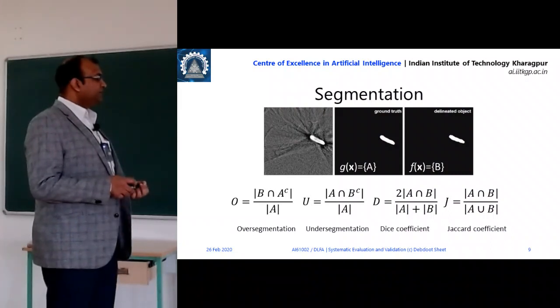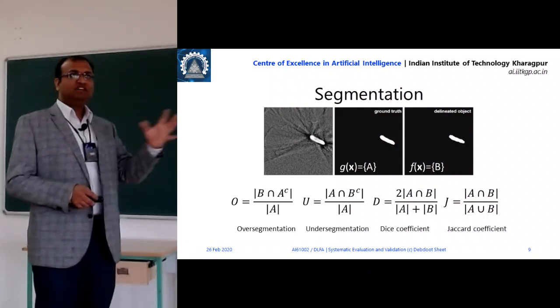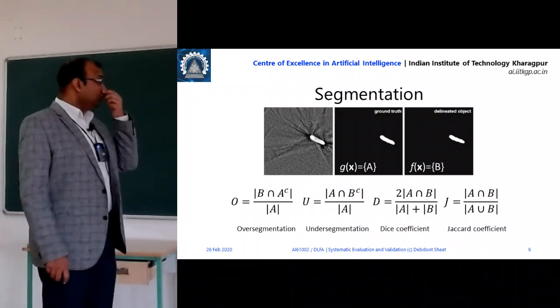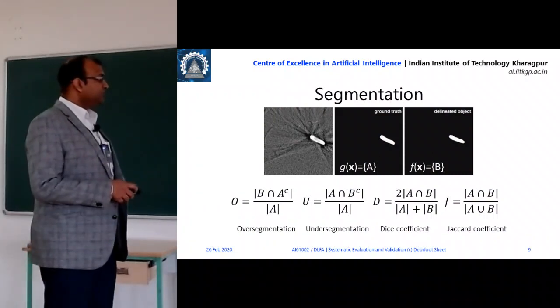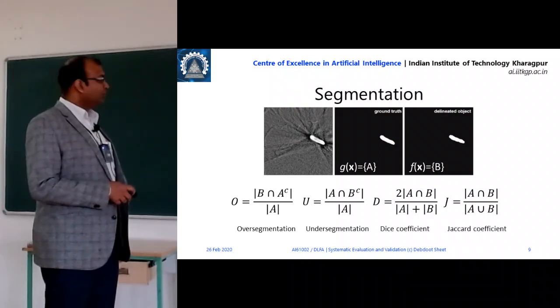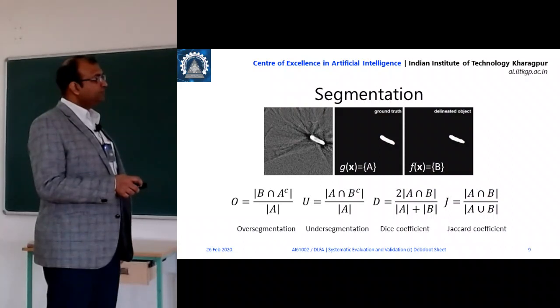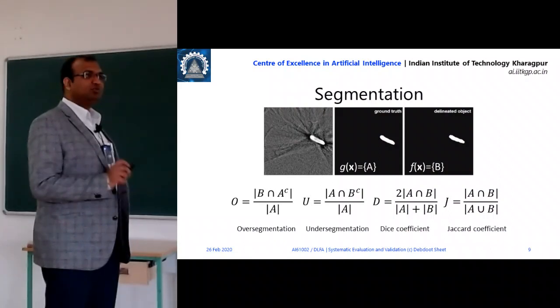Now typically say this is your input image, this is your ground truth which I call set A, and this is the output of your CNN for doing this kind of segmentation, which we call set B. The whole point is that I want to find out how good or bad they are. Now one thing can be what is called an over segmentation, which is essentially when whatever is the output is bigger than whatever is the ground truth which is expected.